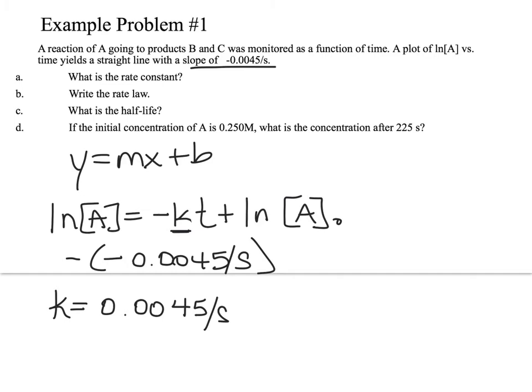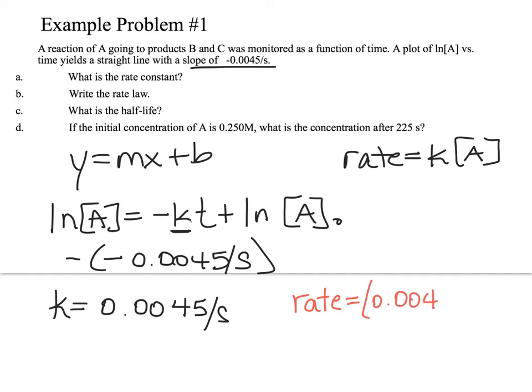I'm told it's first order, so rate is equal to k times the concentration of A. Then I could plug in my value for k. Rate is equal to 0.0045 per second times the concentration of A. And that is the rate law.